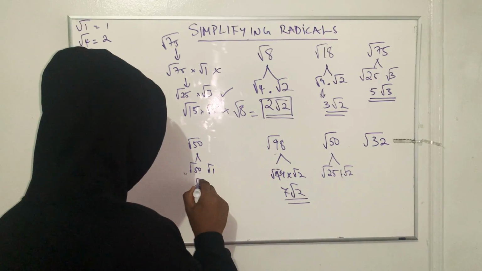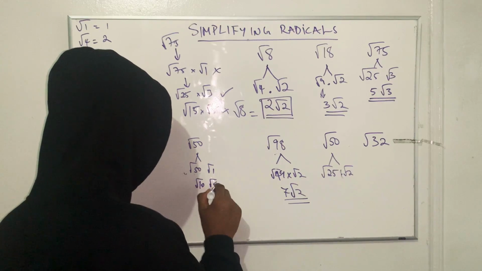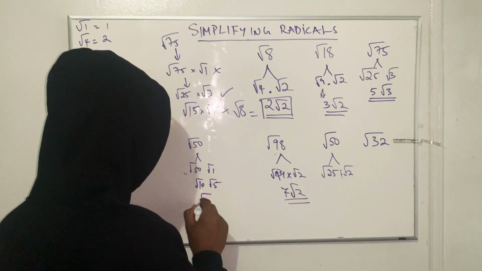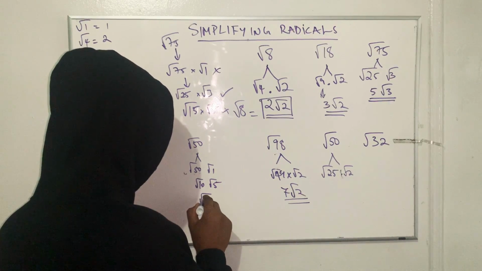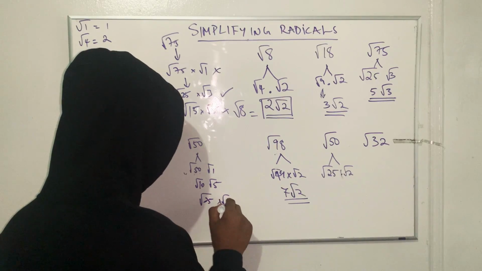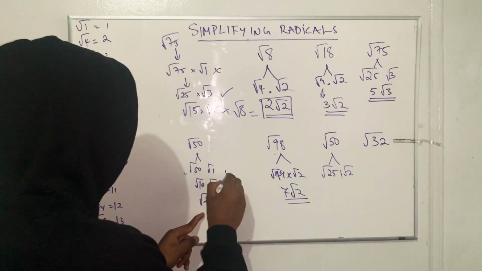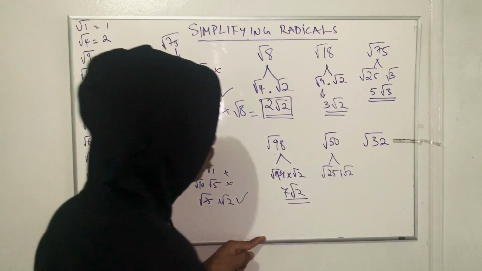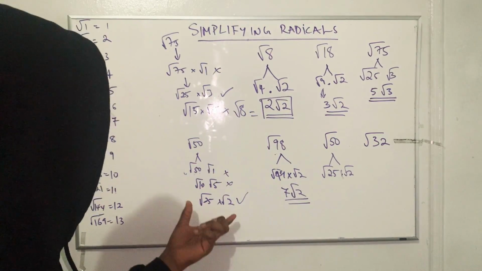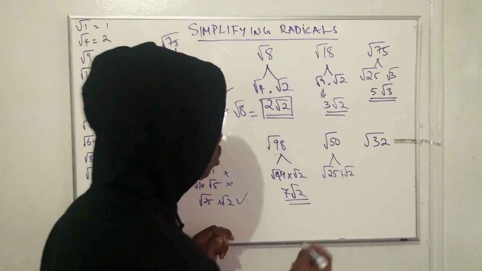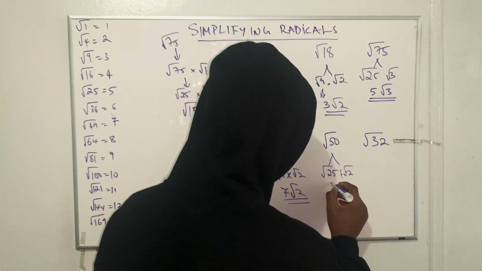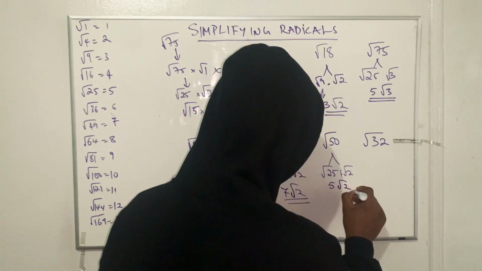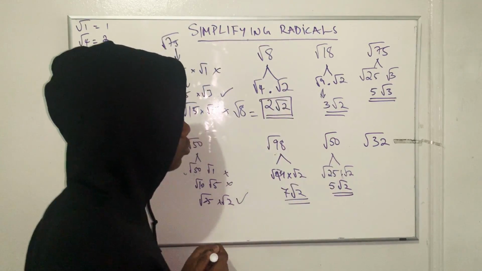We have 10 times 5, which you know won't work. And then we have 25 times 2, which you know is going to work. So this doesn't work, and you pick this. So always in the beginning, learn how to do it this way. Okay? So the square root of 25 is 5, with root 2, and this is our final answer.